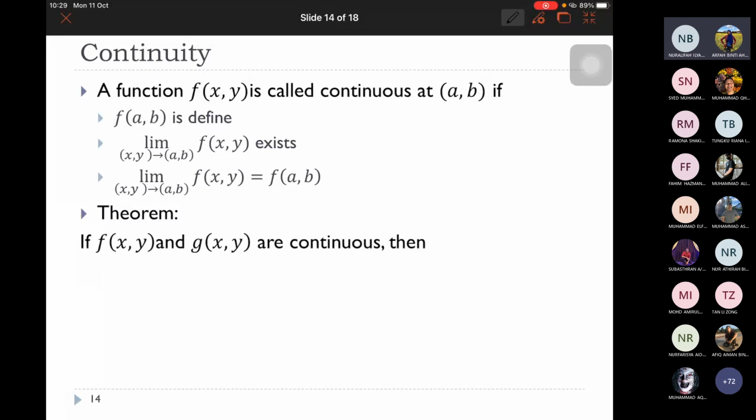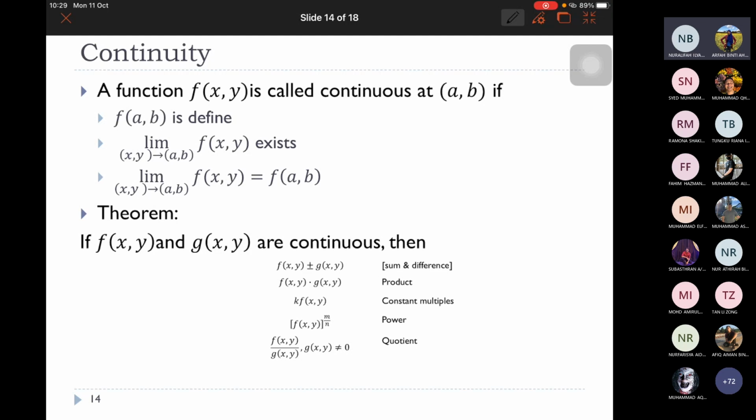So, kita ada theorem, if f(x,y) and g(x,y) are continuous, then f plus minus g akan memberikan summation or the difference of the functions. Okay. So f boleh juga didarabkan dengan g. Function k f(x,y) akan memberikan constant multiple dan f(x,y) to the power m divided by n akan memberikan power of the function.